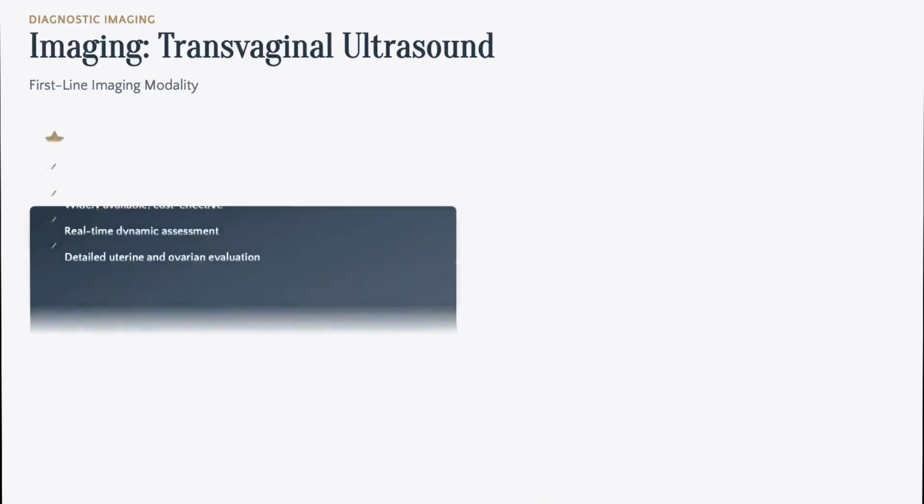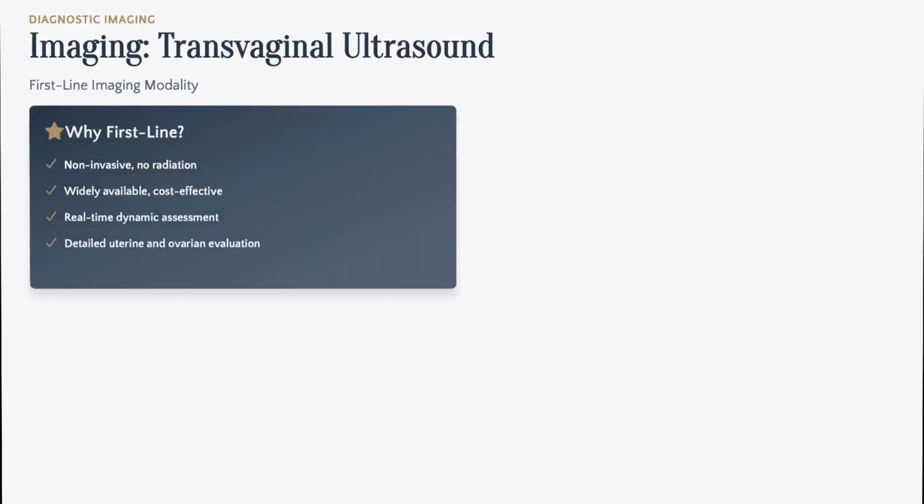What about imaging? Transvaginal ultrasound is our first-line imaging modality, evaluating abnormal uterine bleeding, and for good reason. Why is it the first line? Because it is non-invasive, widely available, and cost-effective, and in real-time dynamic assessment, you see what is going on, and detailed uterine and ovarian evaluation is done at the same time.